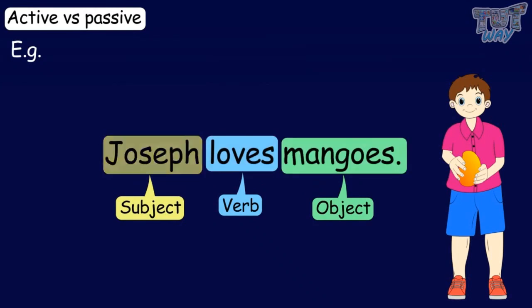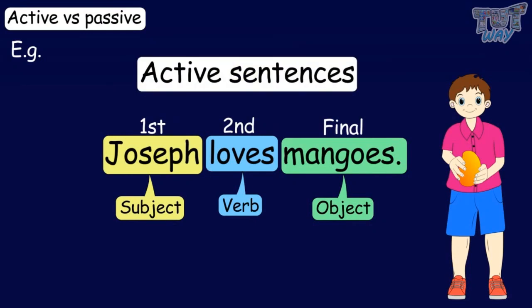The subject takes up the first position, then the verb, and finally the object. The sentences arranged in this order are called active sentences. That is, the sentences in which the subject comes first and is followed by the verb and the object are active sentences.